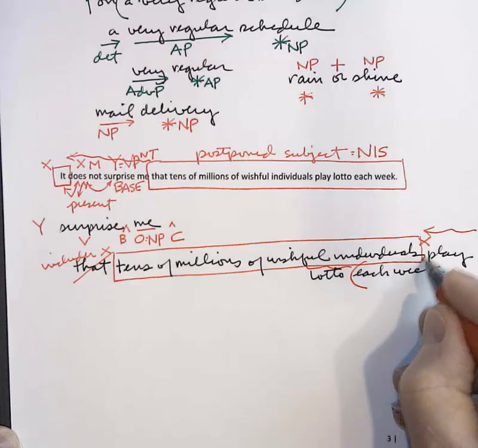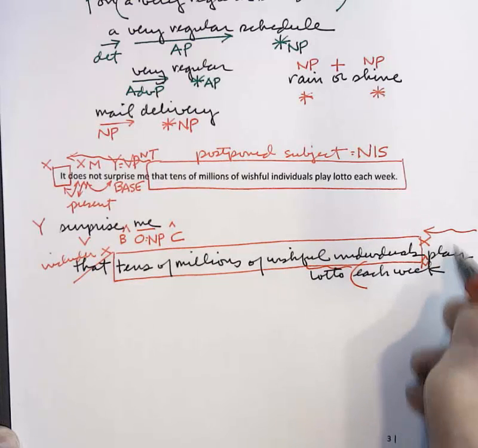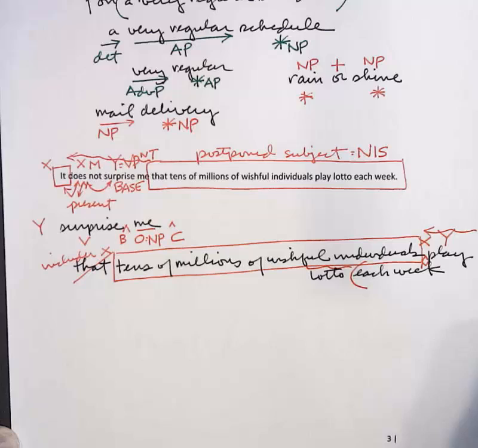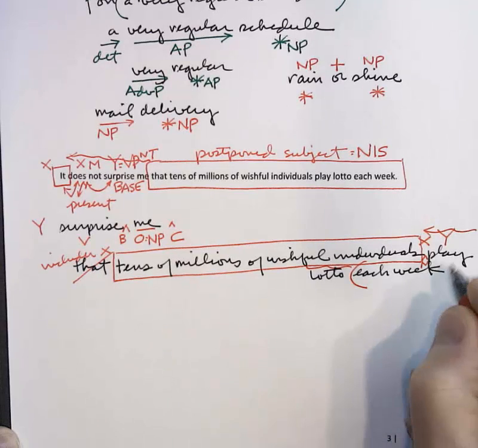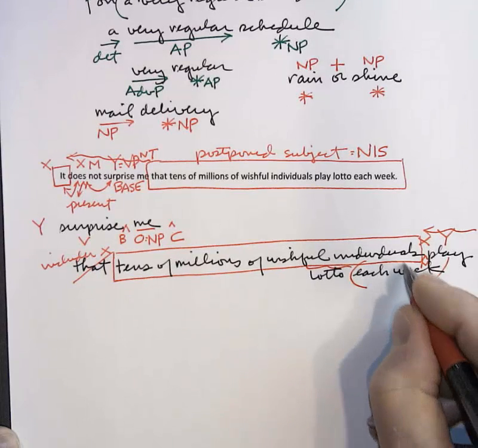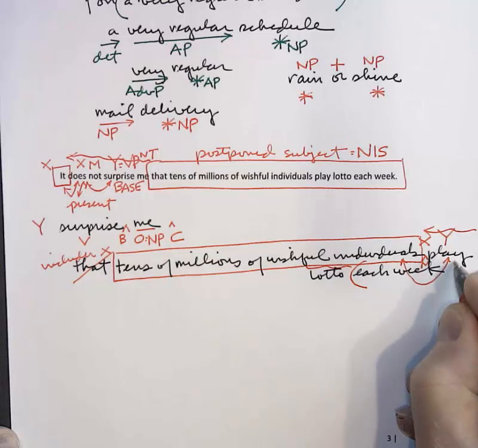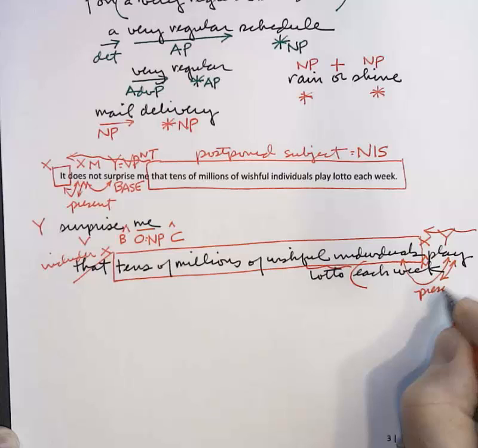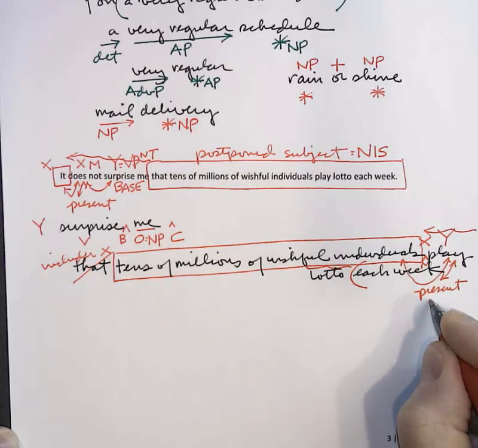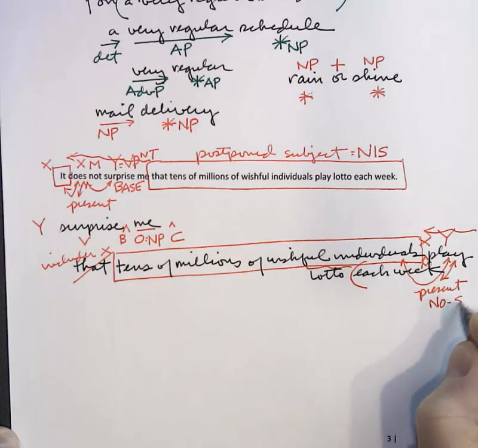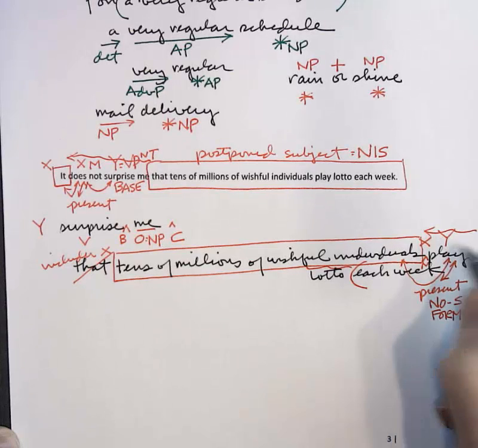Now the M place is empty, and Y is play lotto. Play ties with the subject, play ties with the present, and play is the no-s form of the verb. So we can say Y is a verb phrase with time.